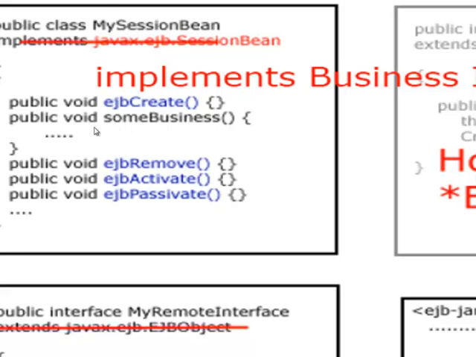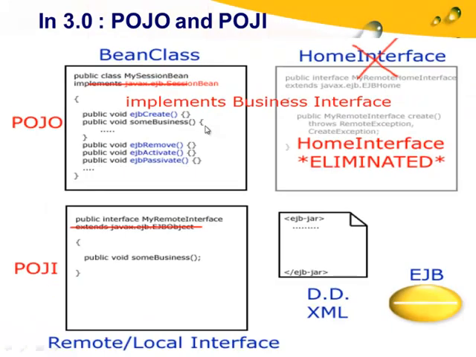Just copy this header, public void, this part of your method, and put it. Just copy paste. It's not going to take too much time, and in fact, most of the IDEs will perform it for you. So you just give the signature of your business method, so that we are able to generate other objects for you.